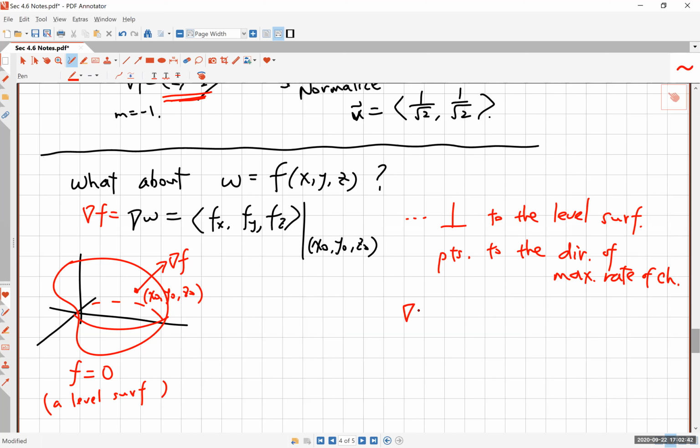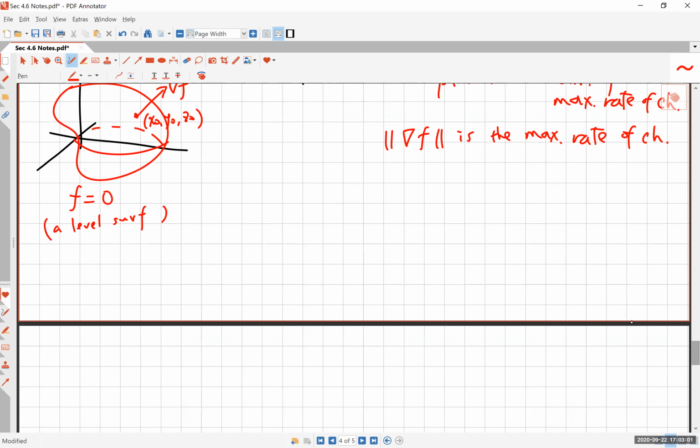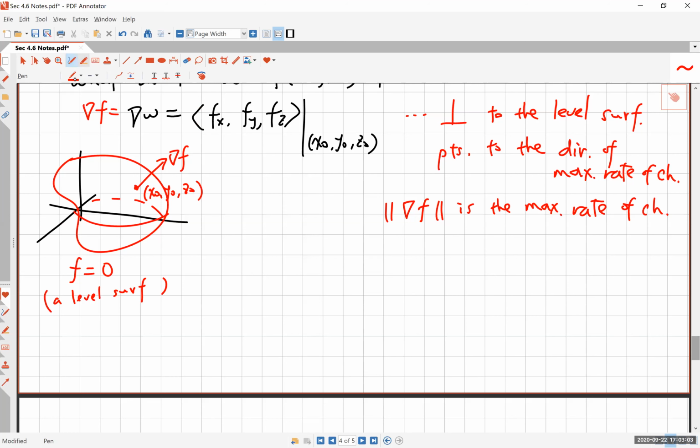And the gradient has the magnitude, which is the maximum rate of change if you are to go in that direction. So it's all the same, except you just have one extra dimension. But the gradient is still perpendicular to the level surface. Okay, I want to give you an example, and then I will make one last comment, and then we will finish for this section.